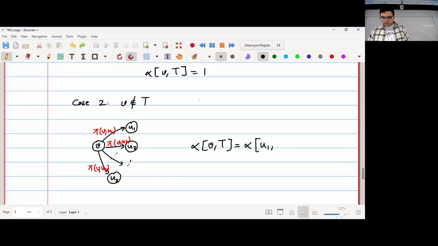Or actually, let me just write it as a sum directly. So this is going to be the sum over I from 1 to k of the probability of taking this edge, P of V UI, times the probability of going from the vertex UI to my targets. So I definitely have this equality.